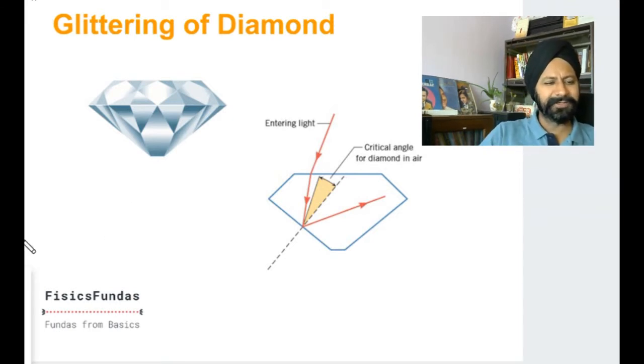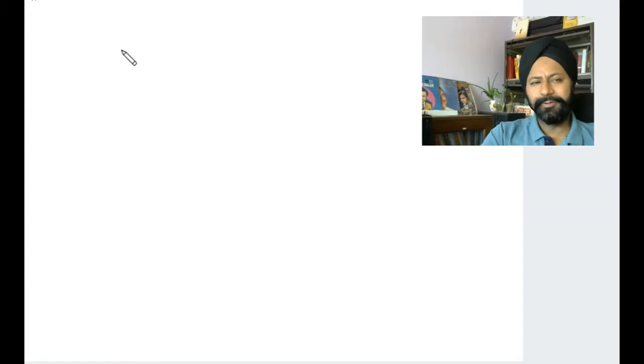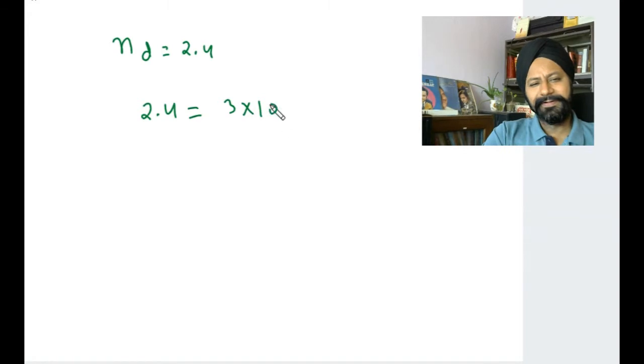Let's do a quick calculation there. Let me go to another slide. So basically, you don't have to memorize. The refractive index for diamond is 2.4, roughly in that range. Now, 2.4 is equal to the speed of light in vacuum divided by the speed of light in diamond.